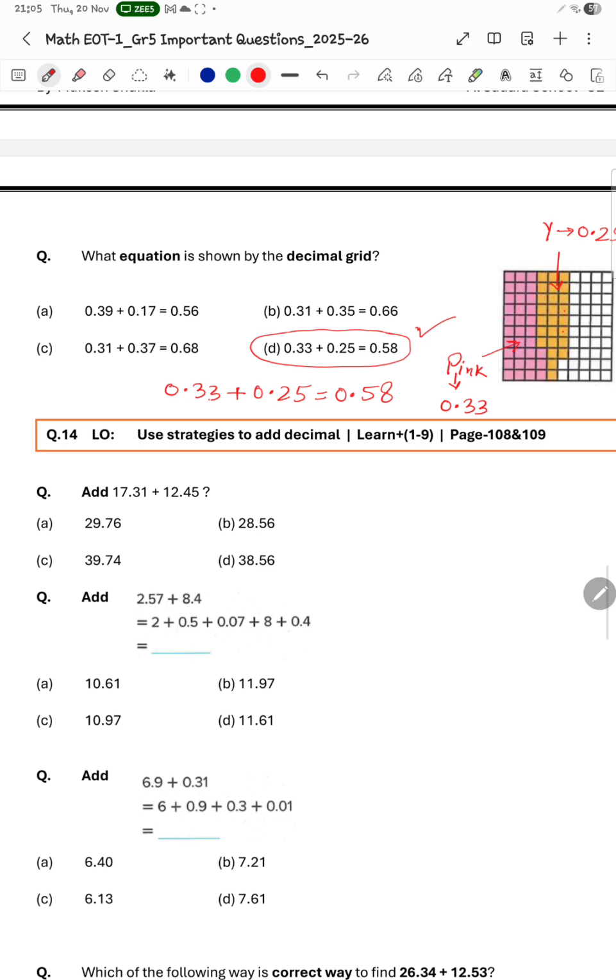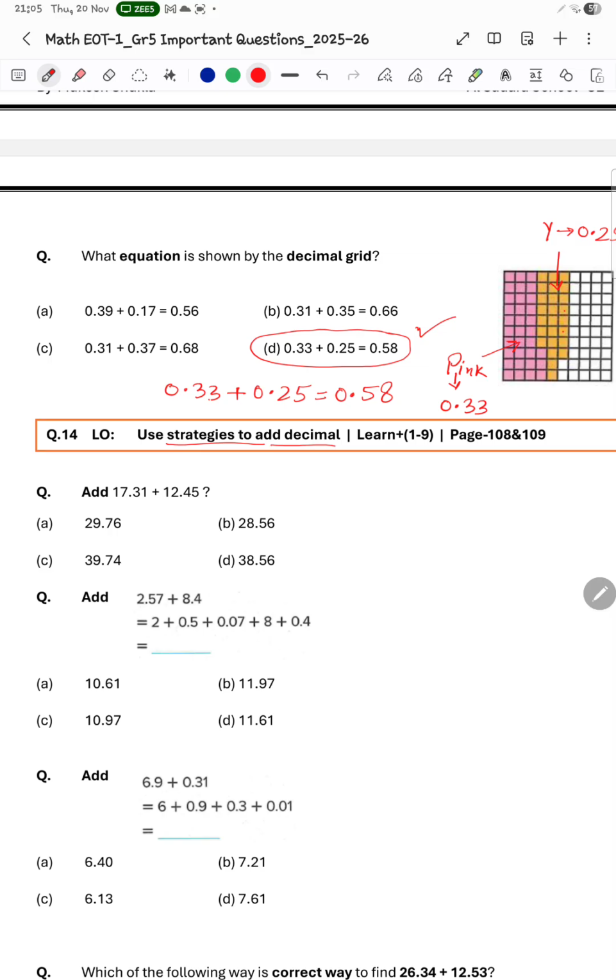Now this is similar to your addition and subtraction problems which you have done in grade 4. Only here you will find a decimal point, and in grade 4 there was no decimal point. So here the simple strategy is to line up the decimals one below the other.